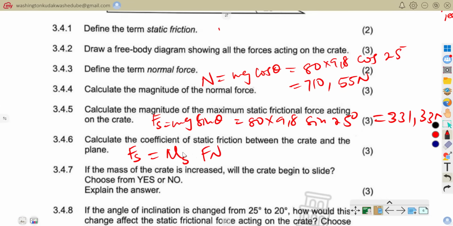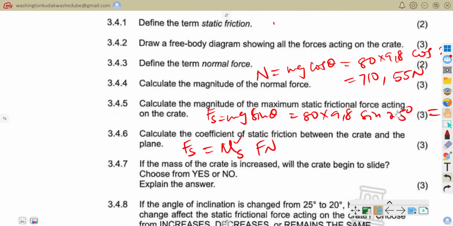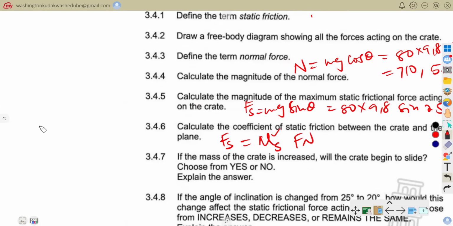So if that is the case, how can we find this coefficient if we now know the normal force and the static frictional force? The easiest way is to make mu the subject. So the coefficient of static friction would be equal to that divided by that.